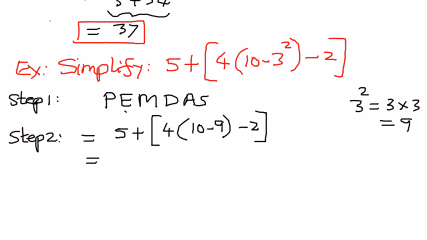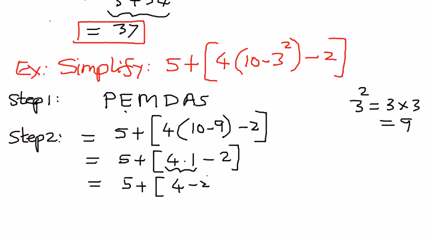Now we are ready to simplify the terms inside the parentheses. 5 plus open brackets 4 times 10 minus 9 is 1. We do not put the parentheses anymore, and therefore we write the rest of the equation, minus 2, close brackets. Now we want to simplify the numbers some more. We perform the multiplication: 4 times 1 is 4, minus 2, close brackets.